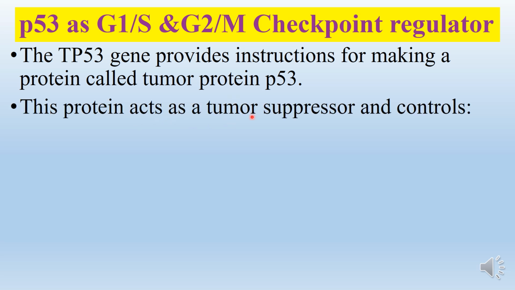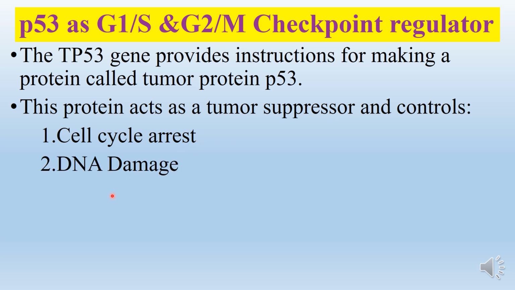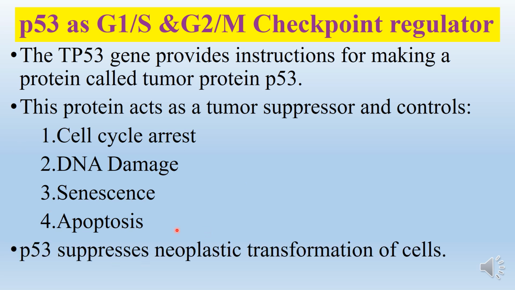This protein acts as a tumor suppressor and it controls cell cycle arrest, DNA damage, senescence, apoptosis. So through these controls, it guards the cell cycle and keeps it in regulation. The P53 suppresses neoplastic transformations of cells by these mechanisms.